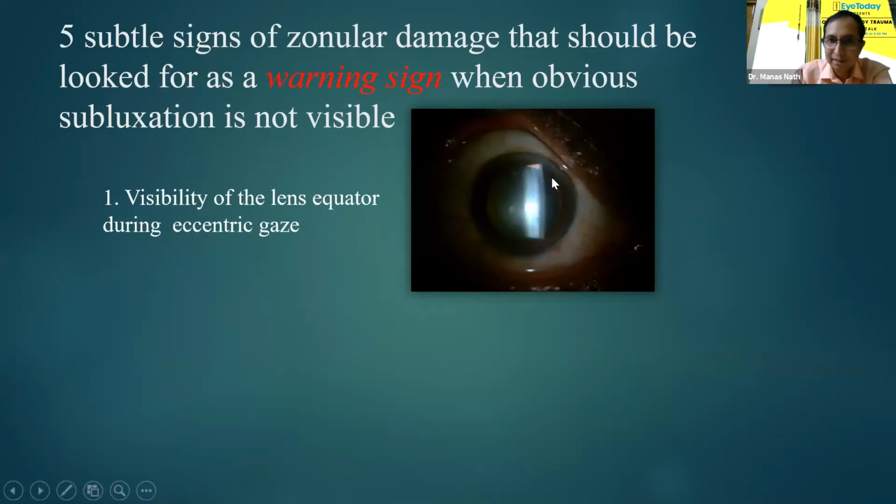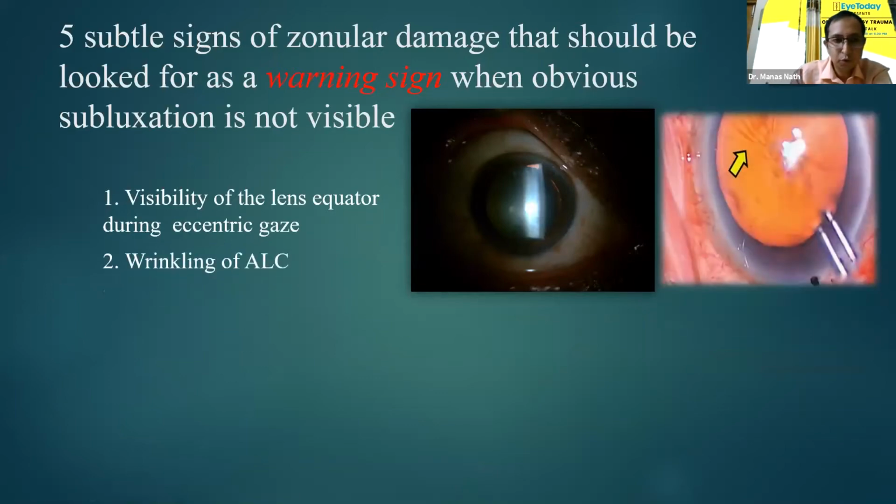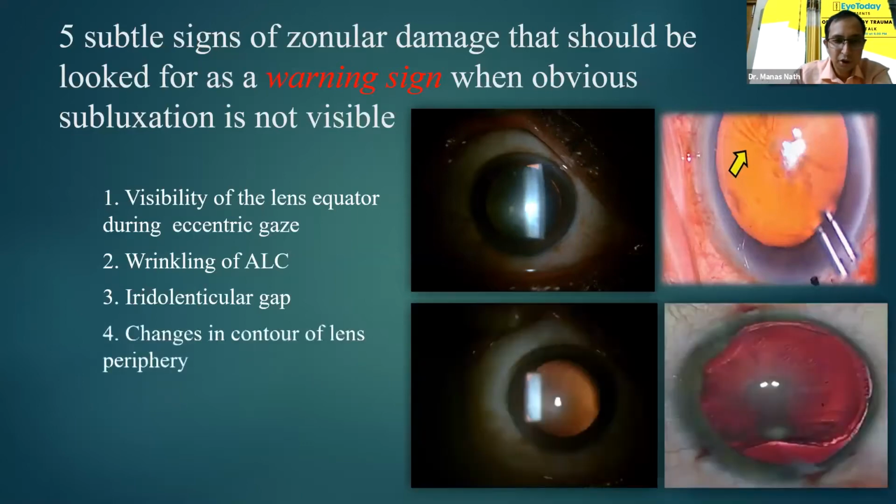Here you can see the red glow along the equator, which suggests that there is deficiency of the zonules in that area. Wrinkling of the anterior lens capsule, even increase in the iridolenticular gap also suggests that there is something wrong with the zonules. Change in the contour of the lens periphery, and even if we see a focal iridodonesis, we should be cautious.